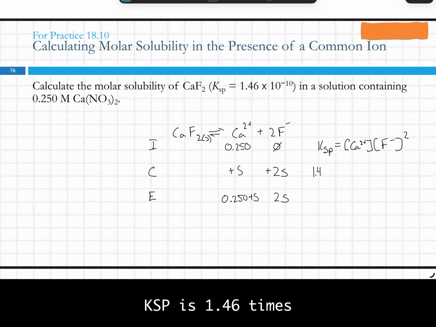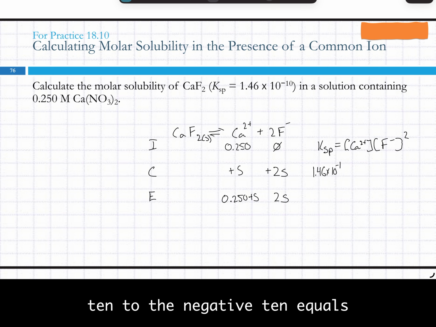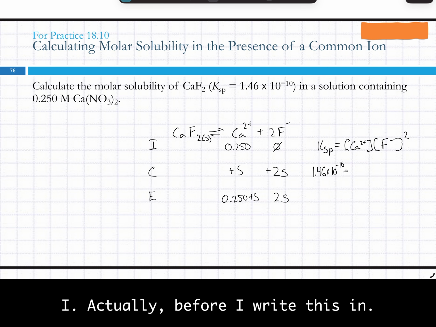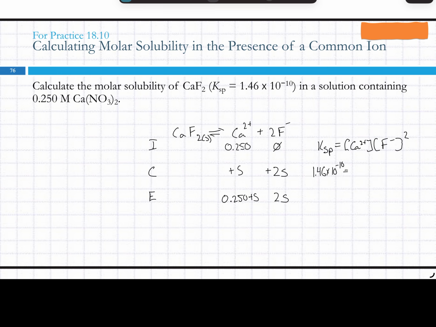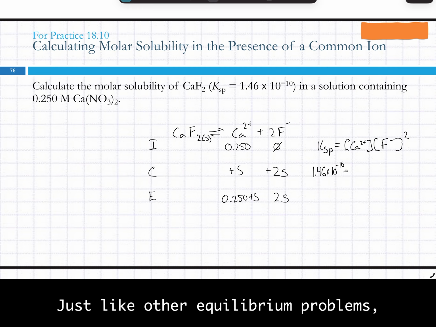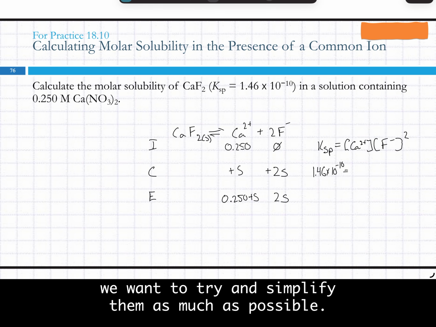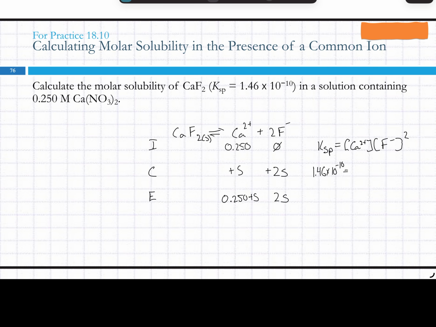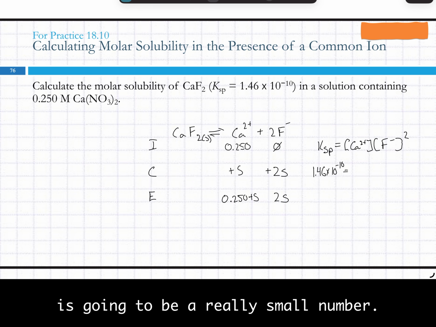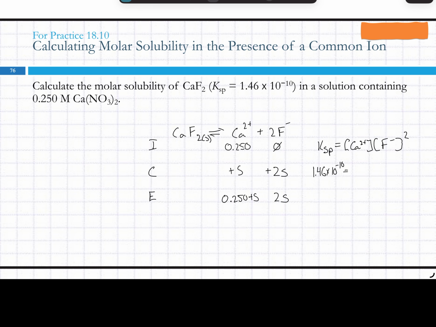Ksp is 1.46 times 10 to the negative 10 equals... actually, before I write this in, just like other equilibrium problems, we want to try and simplify them as much as possible. So can I assume that S is going to be a really small number? Yeah.